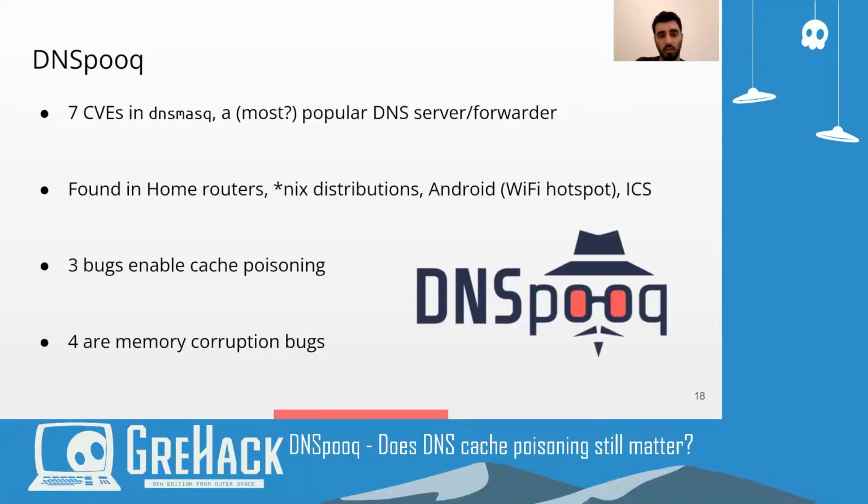It is even found in Android when you turn on the hotspot, in industrial control systems, IoT, etc. And we looked at dnsmasq and found 7 security vulnerabilities there. 3 bugs enable cache poisoning, and we will detail the cache poisoning bugs. And 4 bugs are memory corruption bugs that we will touch upon a little bit.